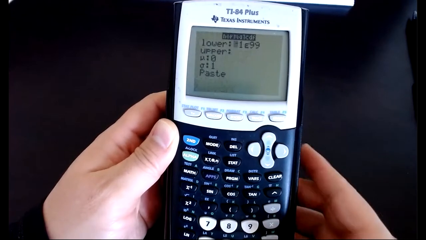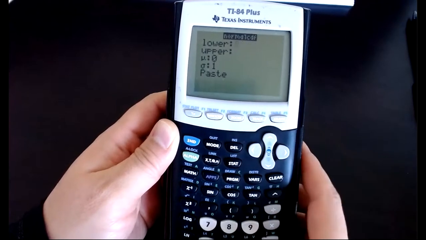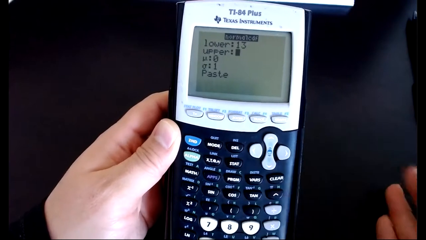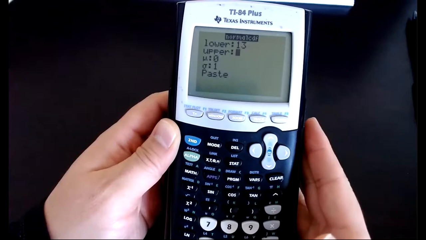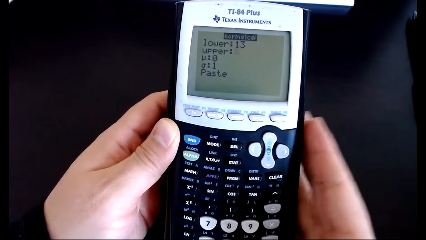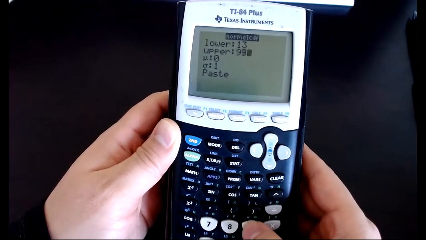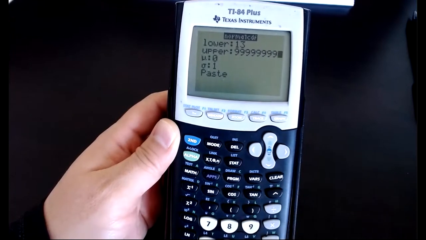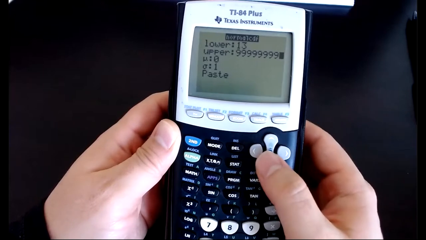So we just use the second one. Lower is 13, and upper is infinity. But the calculator doesn't understand what infinity means, so we just put in some big number such as 99999.